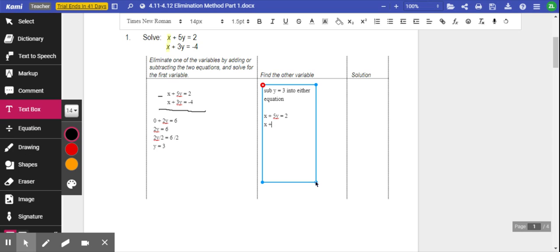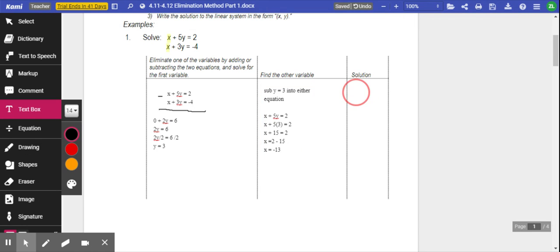If we substitute 3 in for the y, which we had in the last column over here, we'd have 5 times 3 being 15, and then equals 2. We want our x's on one side and numbers on the other, so if we bring over the 15, it becomes negative. And then we have x is equal to 2 minus 15, which is -13.